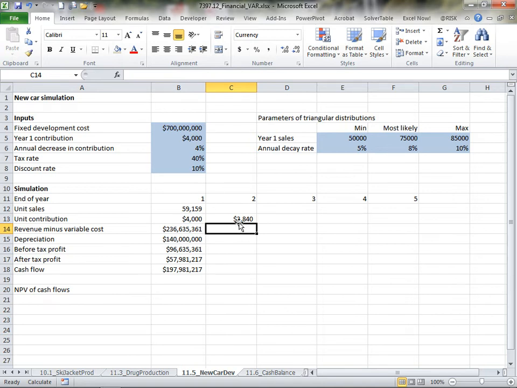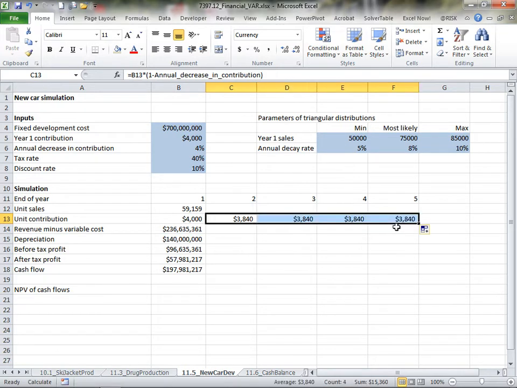So that's basically 96% of 4,000, right? And since I've modeled it this way, I can do it all the way across now. And if I hit F9, you will see that the numbers do in fact decrease by 4% every year.